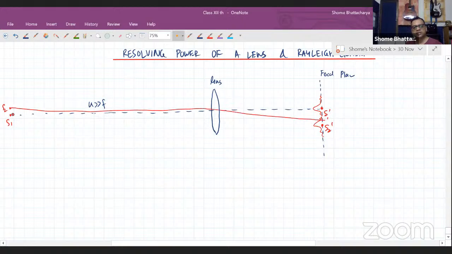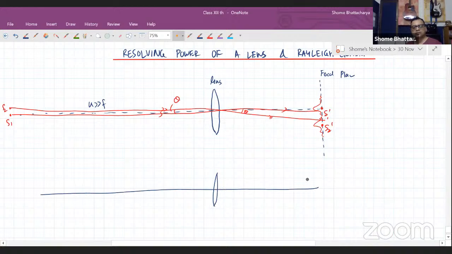So what is happening is that this angle and this angle are nearly the same, because that's what happens for an object placed over here.